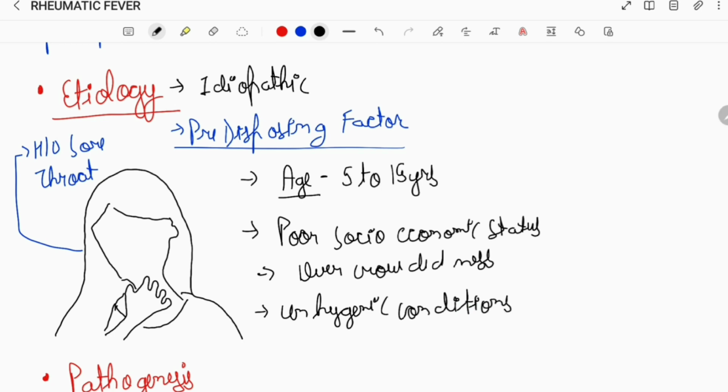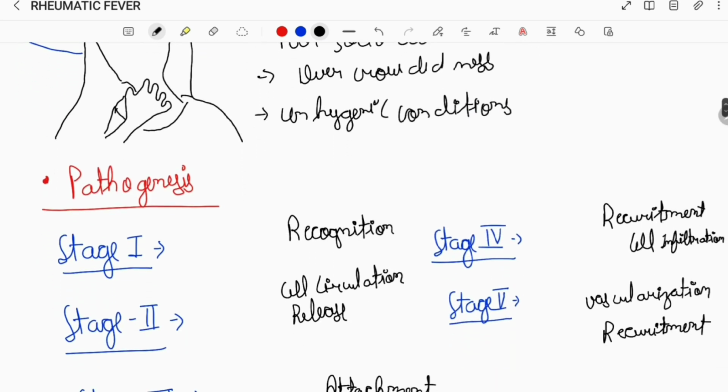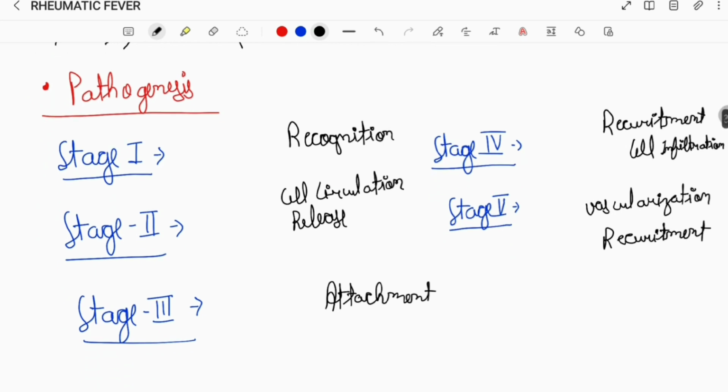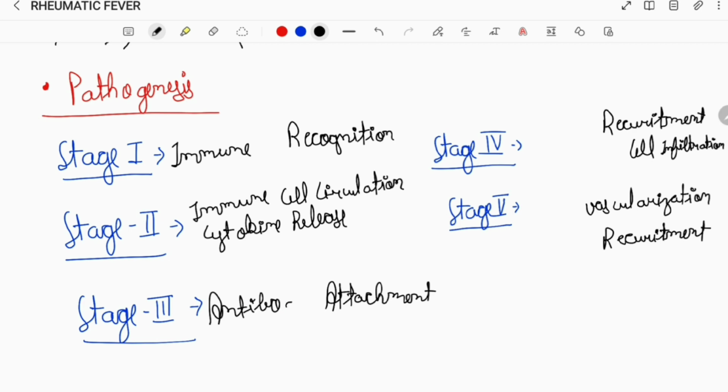Next, if we talk about the pathogenesis, then it involves 5 stages. The first stage is immune recognition stage, which is followed by the second stage in which we have the immune cell circulation and cytokine release. In the third stage, what we have is the antibody attachment.